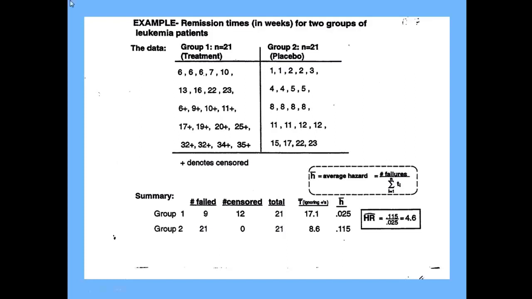Well, you lost 3 here, and also remember the pluses we talked about. 1 person was censored between time 6 and time 7. So how many people do you get rid of? Basically, you get rid of 4 people. So the risk set at time 7, at the second failure, has how many people in it? 17. You start off with 21, it has 17.